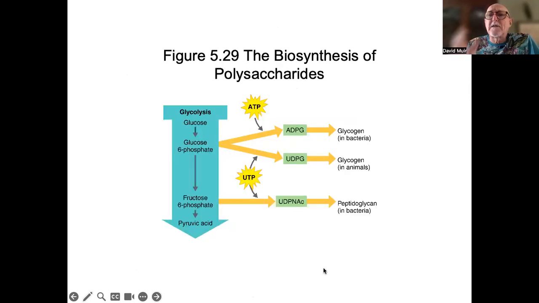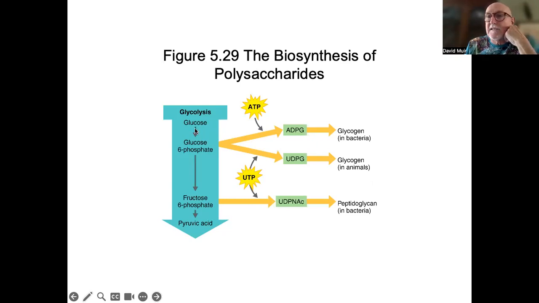So now don't worry about the detail of what I'm going to show you now. I just want to point out to you that these intermediates of glycolysis, of the pentose phosphate pathway and of the Entner-Doudoroff pathway are used in many, many different metabolic pathways. And this is one of the ways in which pathways are actually tied together in the cell.